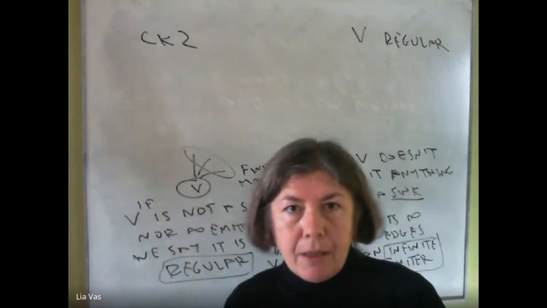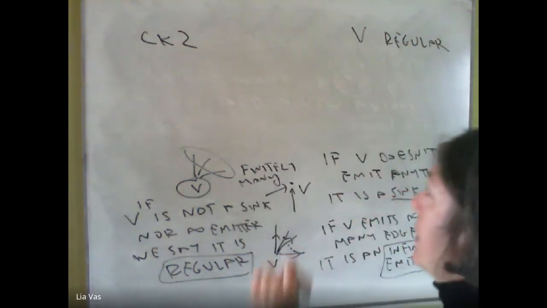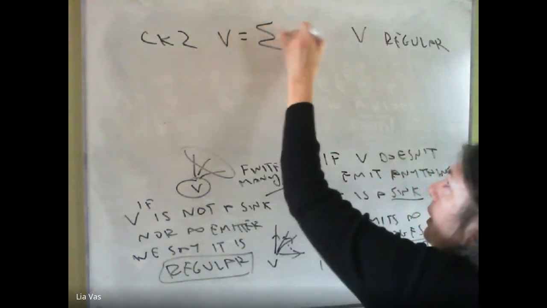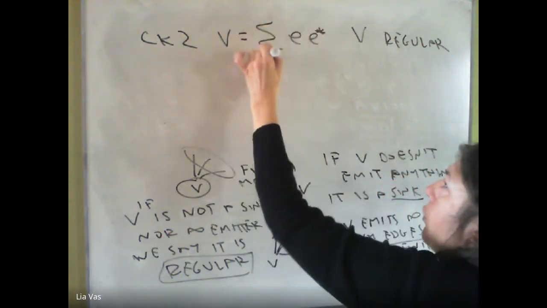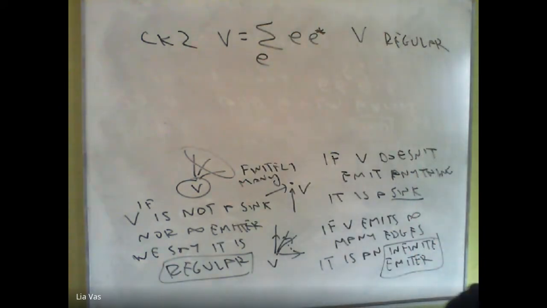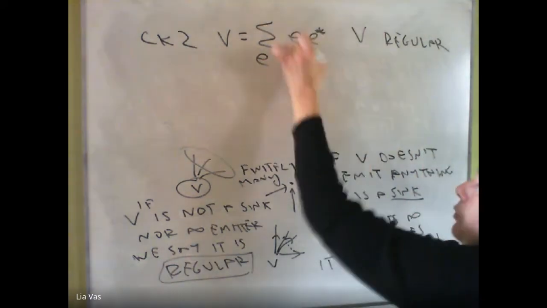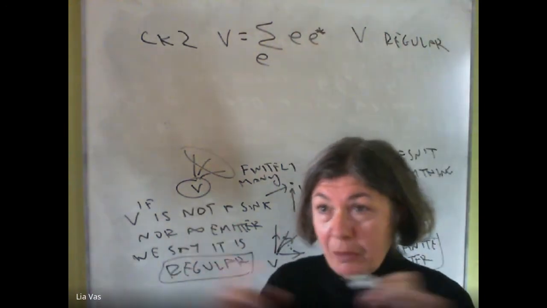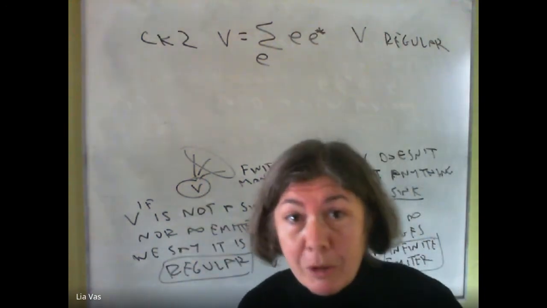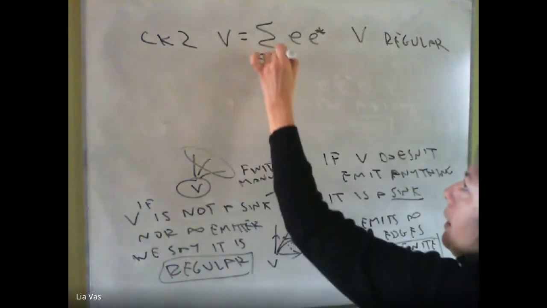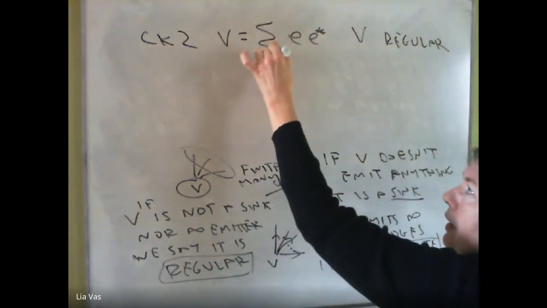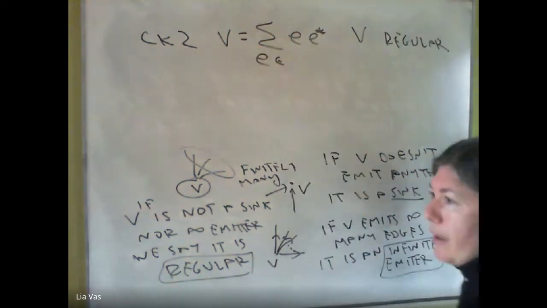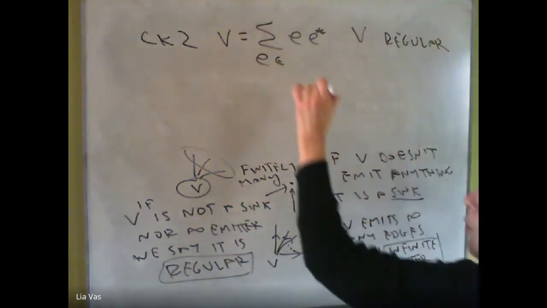Okay, and what we are saying for these regular vertices is that V is sum of E star for all edges V emits. So you see, this is going to specify what E star is, or at least where it belongs, in what kind of sum it belongs. If E is, so I want to say here, E is edge emitted by V. How can I say that like in a short form?